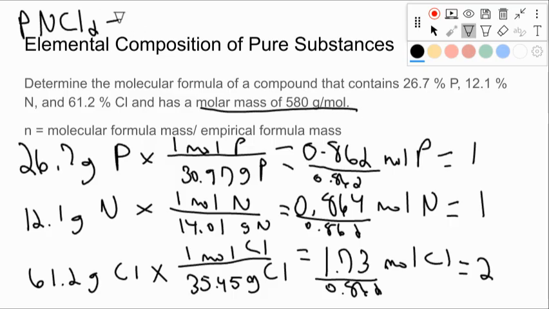So that means that I'm going to have to figure out my mass of this compound in its empirical formula format. So now we're going to do just the molar mass of the compound. So I have 1 phosphorus, which is 30.97, plus 1 nitrogen, which is 14.01, plus 2 times 35.45, which is the mass of chlorine. And this mass comes out to 115.88.